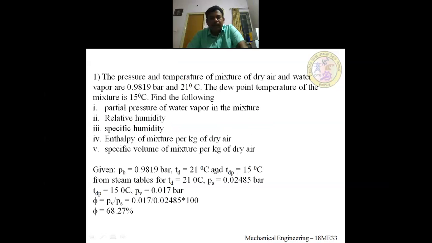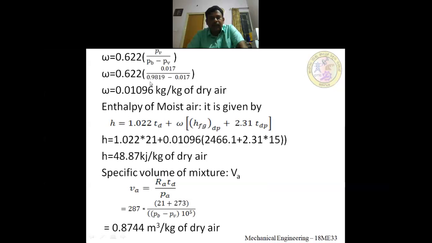The PV you found from steam tables is 0.017. Here we have put pressures in bar, because if you convert to Newton per meter square, multiplying by 10⁵ above and below, the 10⁵ cancels. So the unit will be kg per kg of dry air. Mass of water vapor by mass of dry air is kg per kg of dry air. You have to write down the units also.